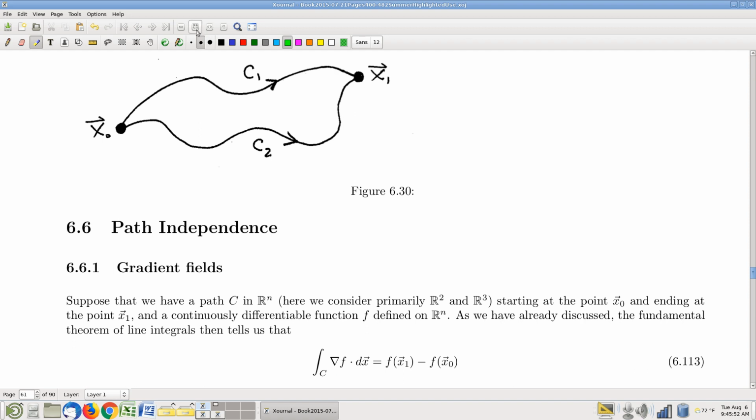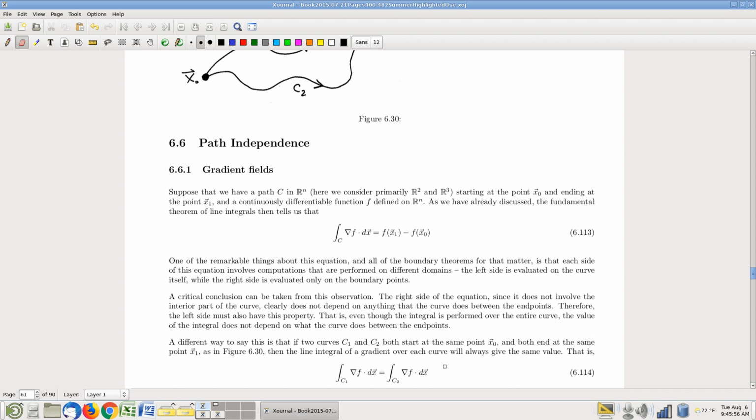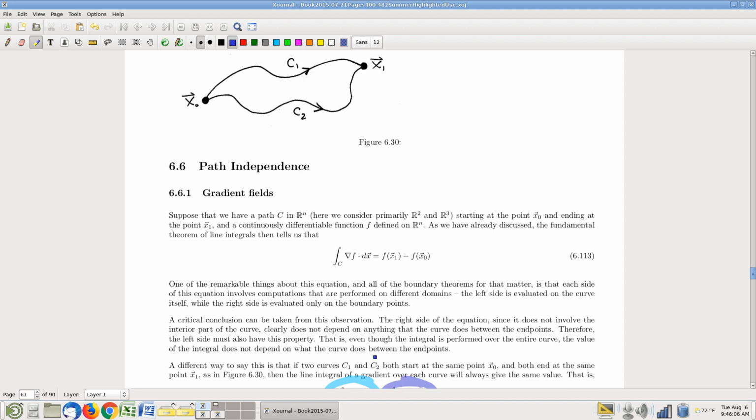Now, as a free immediate consequence of that, I guess I have to zoom out one notch. Here we go. If I have two paths, C1 and C2, and look at their respective line integrals.